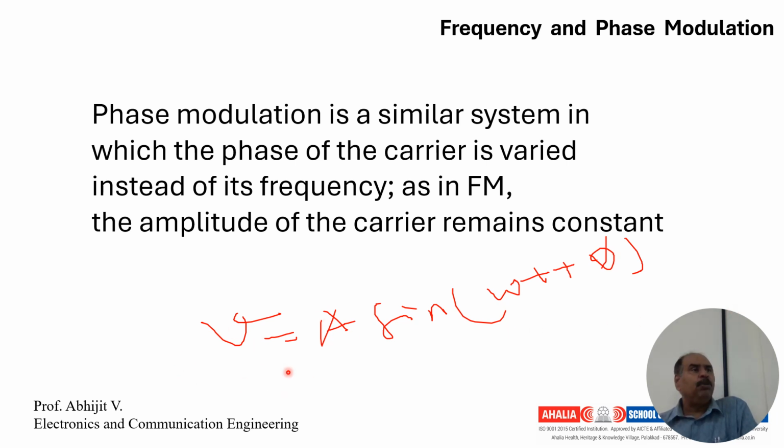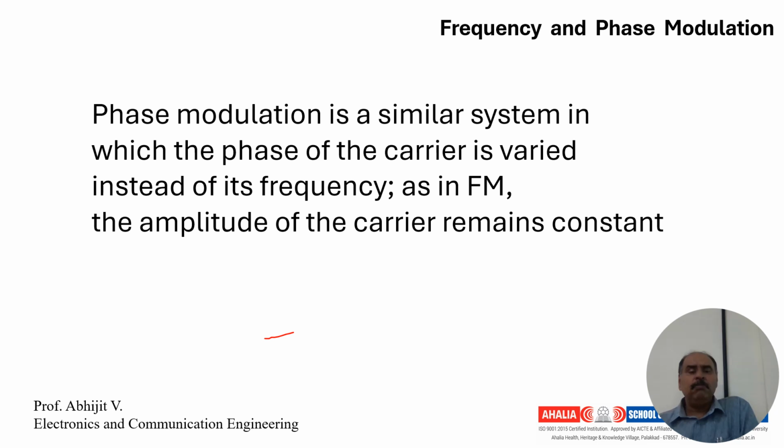A is the amplitude. When we change amplitude, it is called amplitude modulation. Omega is frequency. When you change the frequency, it is called frequency modulation. And phi is the phase. When you change the phase of a signal, you call it phase modulation or angle modulation.